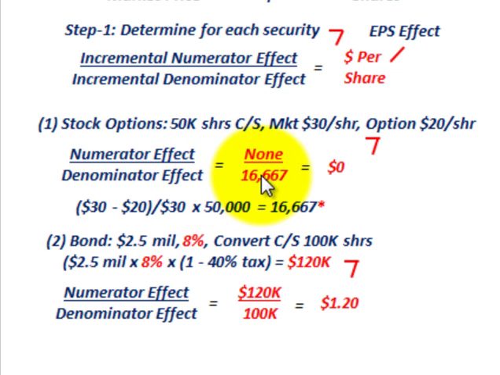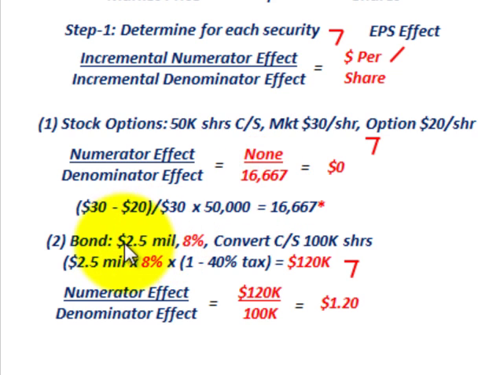Based on this example, we're going to increase it by 16,667 additional shares that are going to go into our denominator in addition to the average number of shares of common stock outstanding. We just use that equation: market price per share minus the option price, divided by market price, times the number of options outstanding. That equals that denominator effect. So for our stock options, we calculated that.